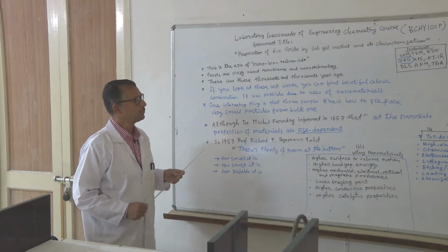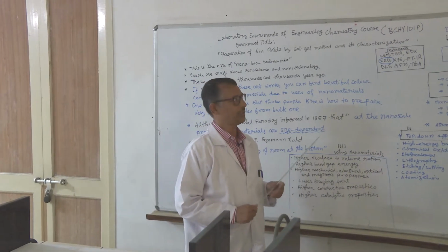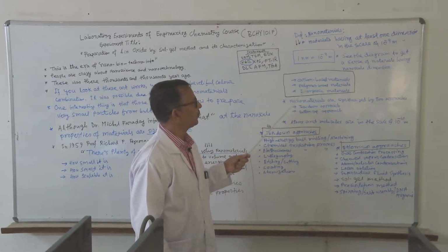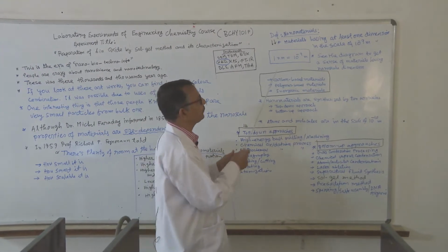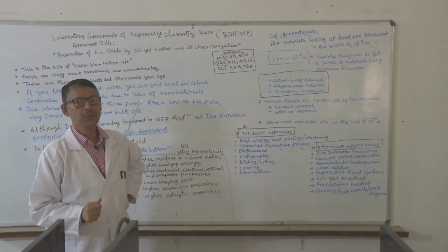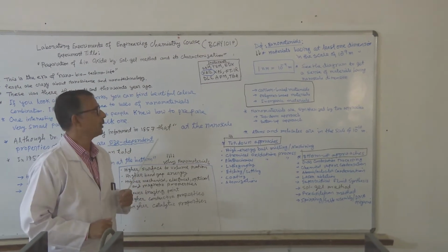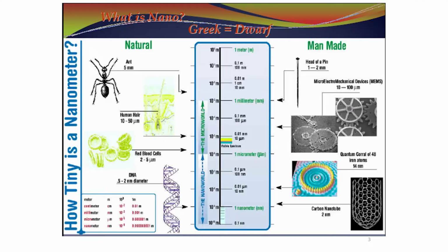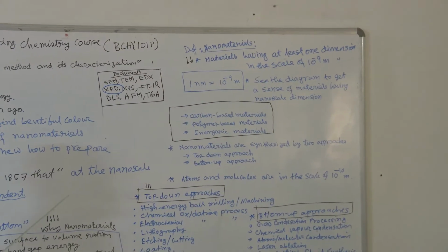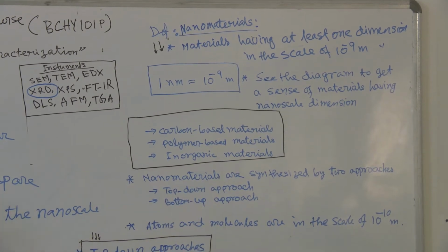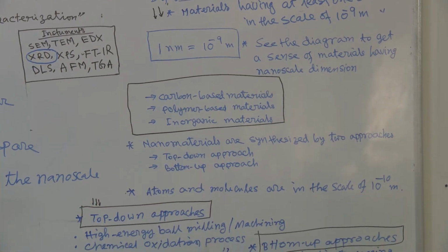Now we talk about nanomaterials, meaning materials having at least one dimension in the scale of 10 to the minus 9 meter, that means 1 nanometer equals 10 to the minus 9 meter. See the picture. You can get a sense of materials at the nanometer scale.